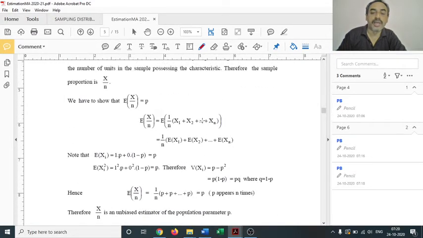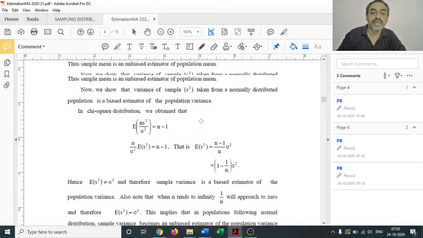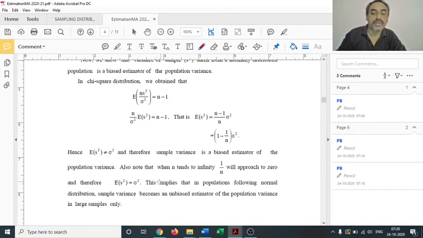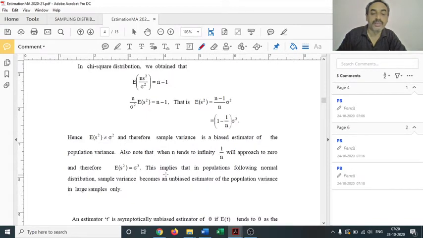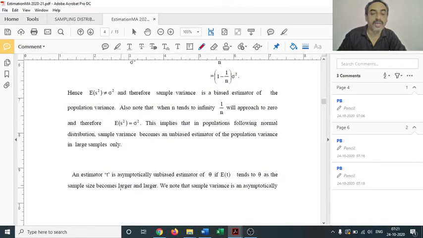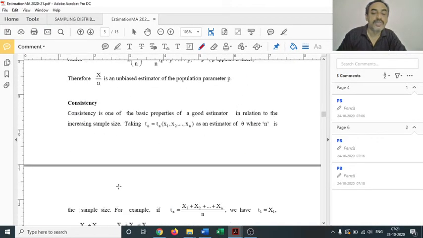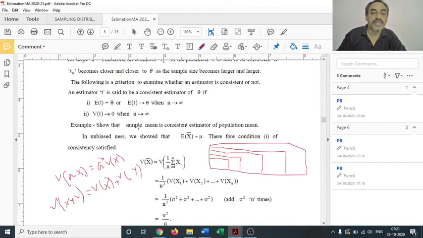This implies that in a population following normal distribution, sample variance becomes an unbiased estimator of population variance in large samples only, that is asymptotically unbiased. So the first property of consistency is already examined along with the verification of unbiasedness.